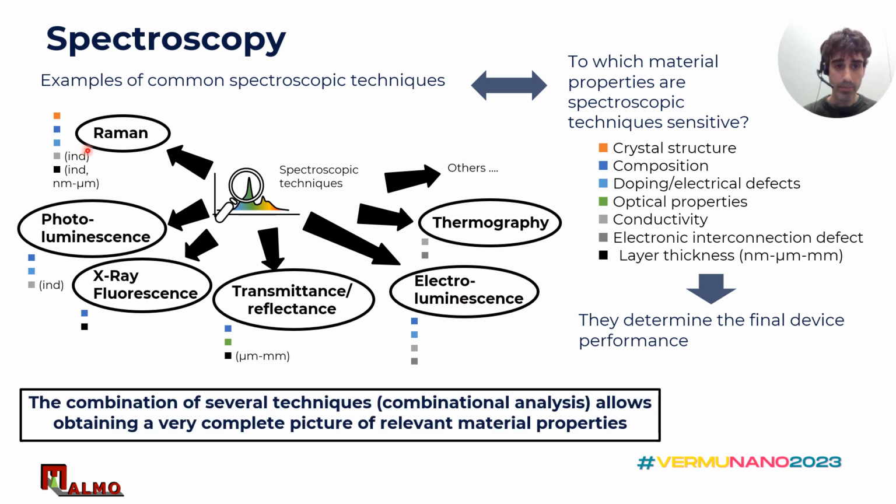And as you can see, not every spectroscopic technique is sensitive to all the parameters, but they are quite complementary. The parameters that one technique cannot cover are covered by other techniques. This means that if we combine several spectroscopic techniques, we can get a very complete picture of the material properties.